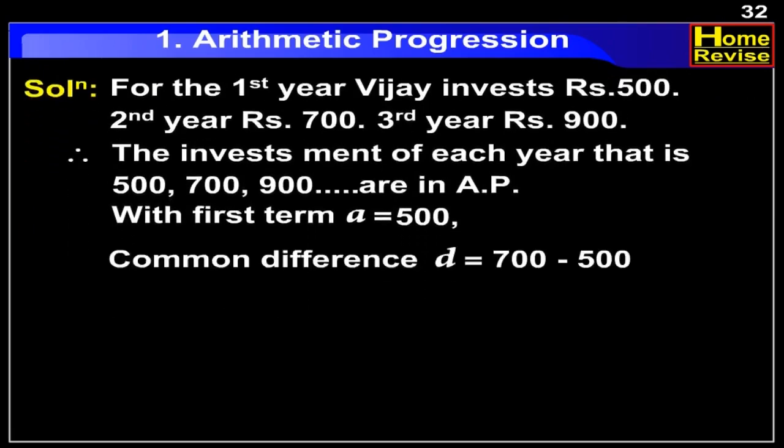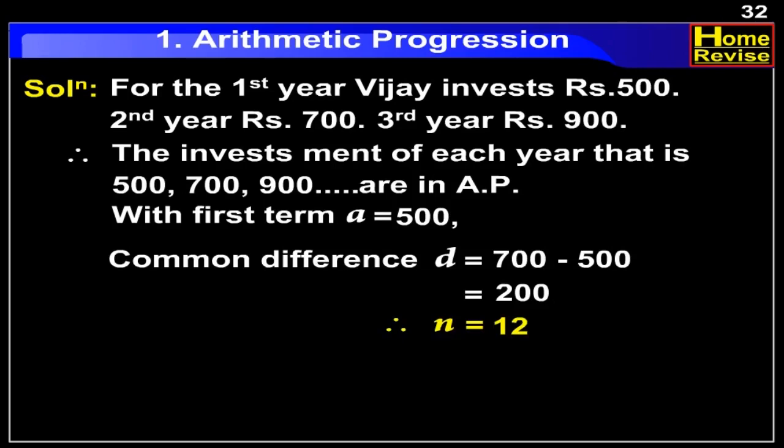Common difference d is equal to 700 minus 500, which is equal to 200. It is also given that Vijay invested for 12 years. Therefore, n is equal to 12.